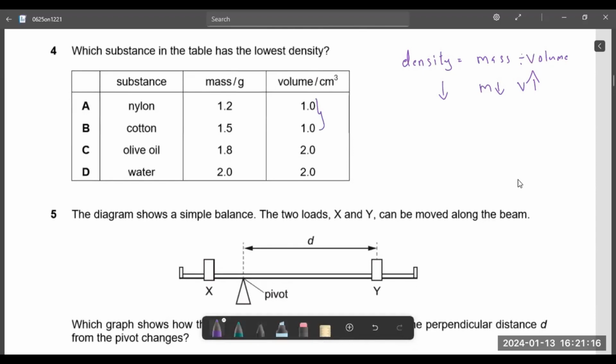Two volumes are given, 1 and 2. So volume should be maximum means it needs to be 2. And out of this, least mass means that is 1.8. So mass is minimum here and volume is maximum here. So the right choice is C.